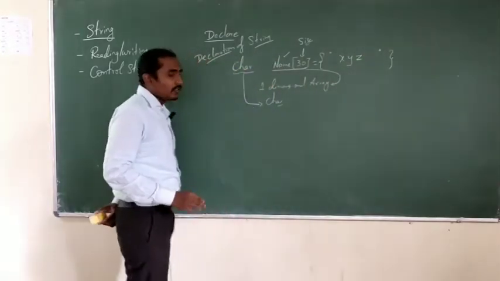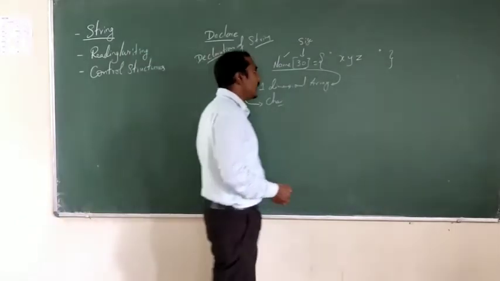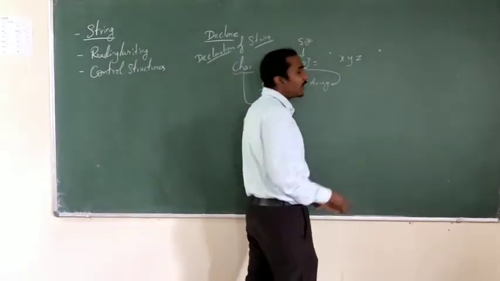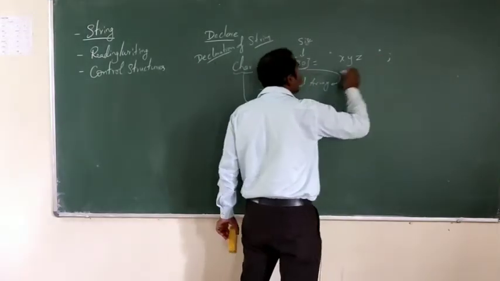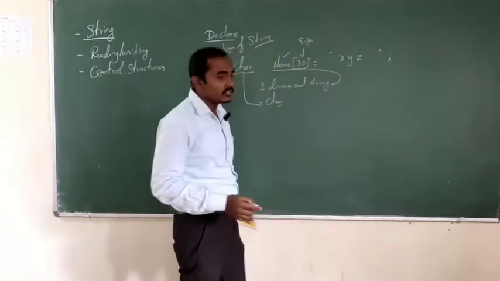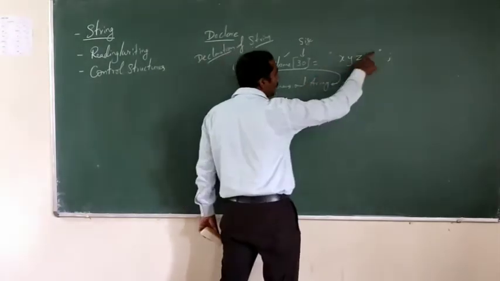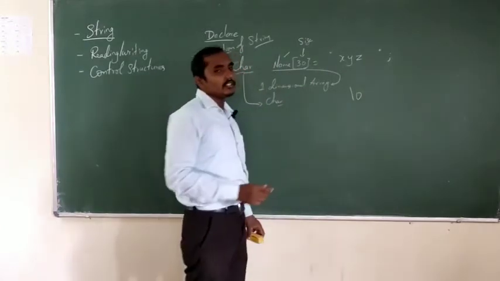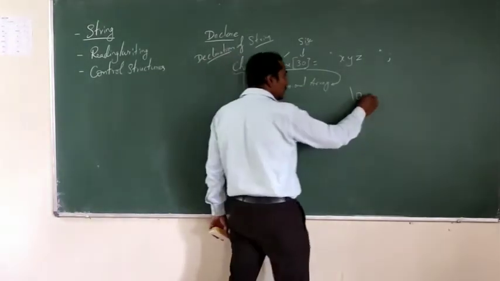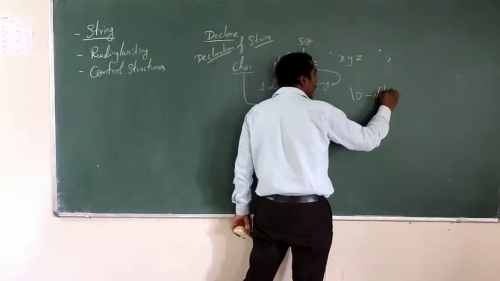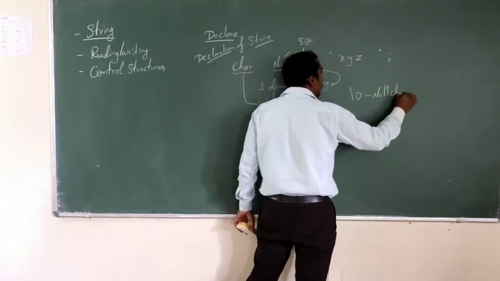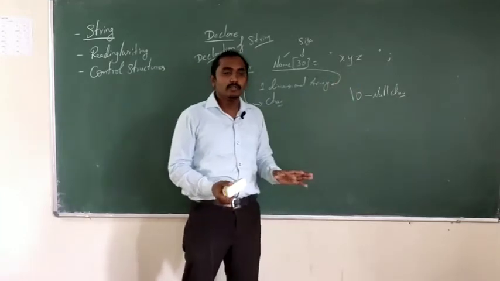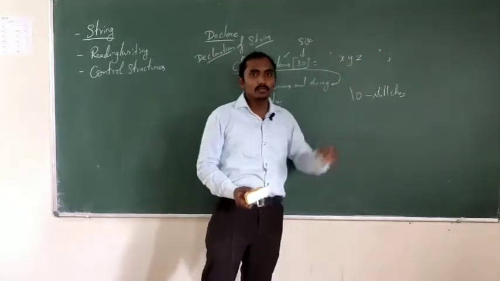Even if I have not written the flower brackets, if I just initialize like this, the process is nothing but initialization. If I represent it in the form of double quotes, by default it is going to add backslash zero. As you know, this is nothing but the null character. So the null character will be appended at the end of the string by default if I am representing double quotes.